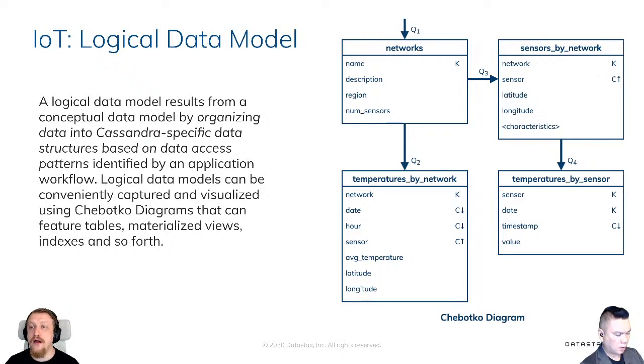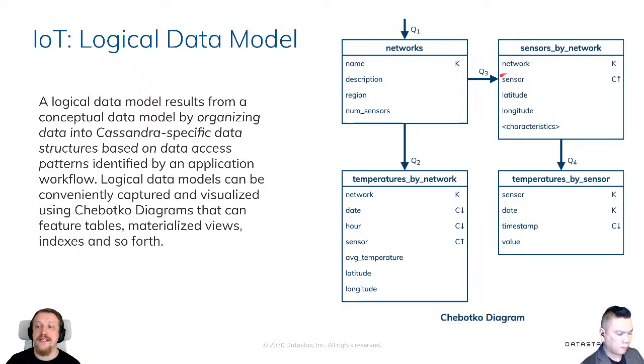It doesn't matter how many sensors you have, maybe billions of them, but they are partitioned by network, so they are in a single partition, and we can easily load them with one single select statement touching only one server, and that's great.